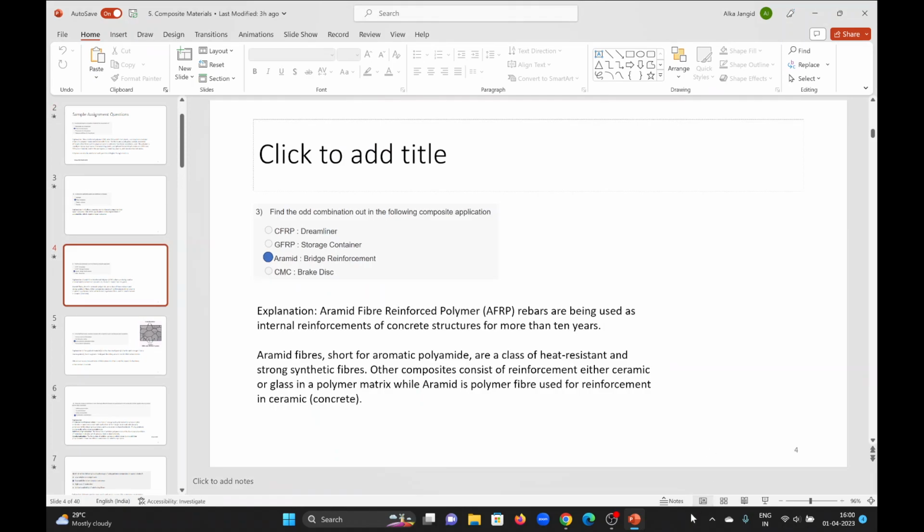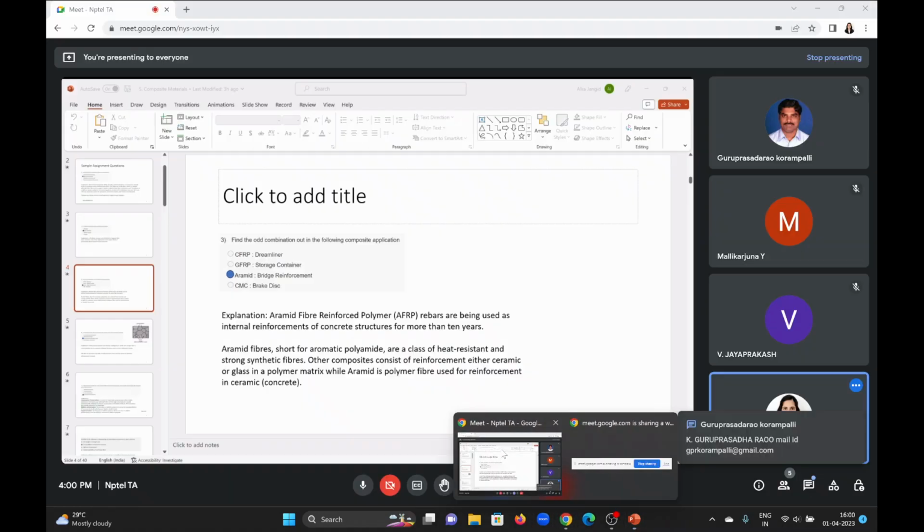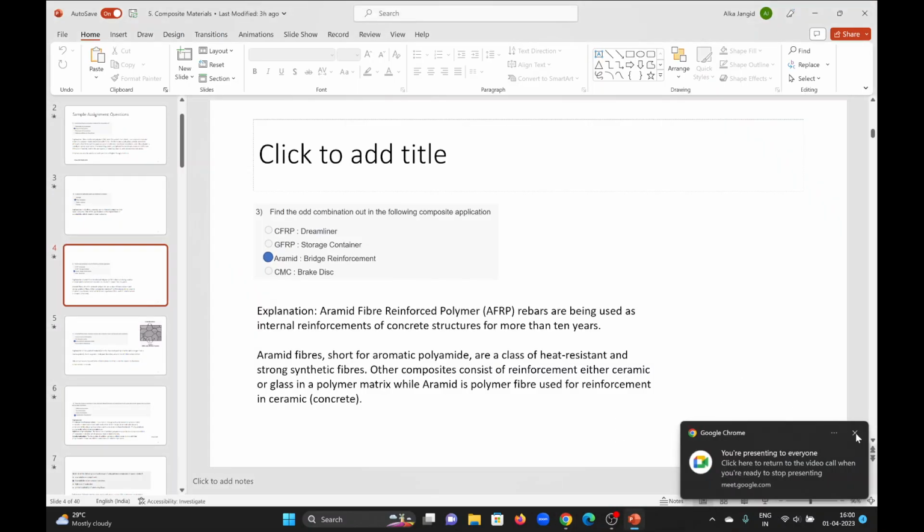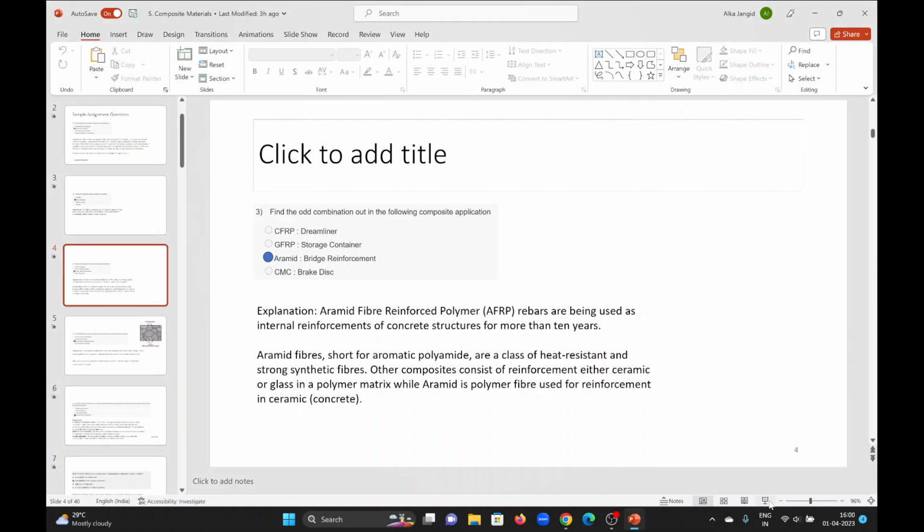Options were CFRP, Dreamliner; GFRP, storage container; aramid, bridge reinforcement; CMC, brake disc. The answer was aramid, bridge reinforcement.